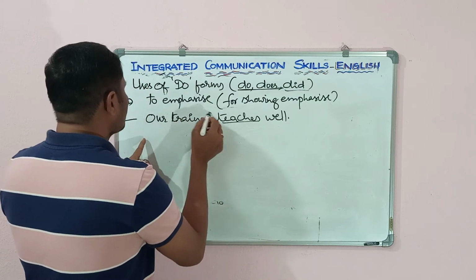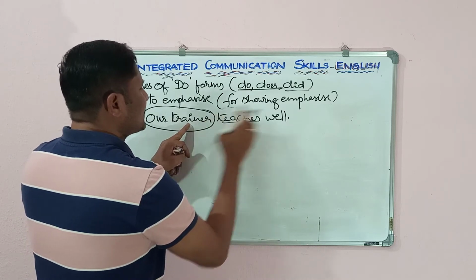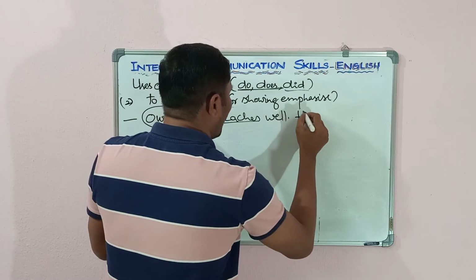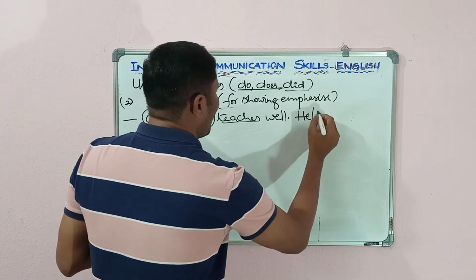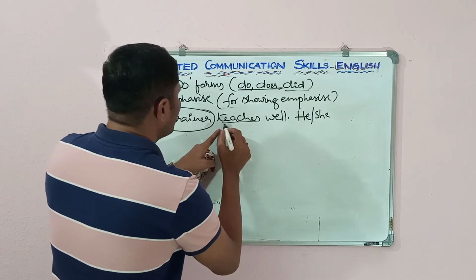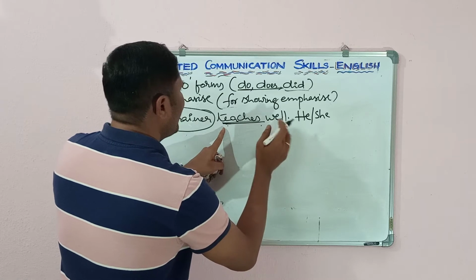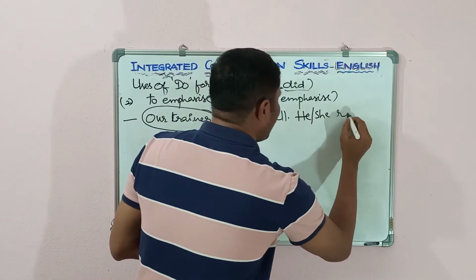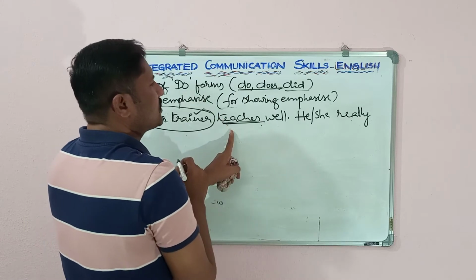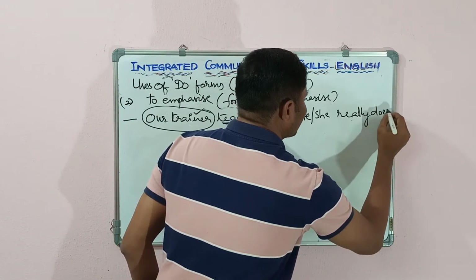So here, what is the subject? Our trainer. If you write the second sentence regarding this subject, we use he or she. So he or she, here what is this? Simple present tense. He or she really. It is the third person singular pronoun, so here we should write does.